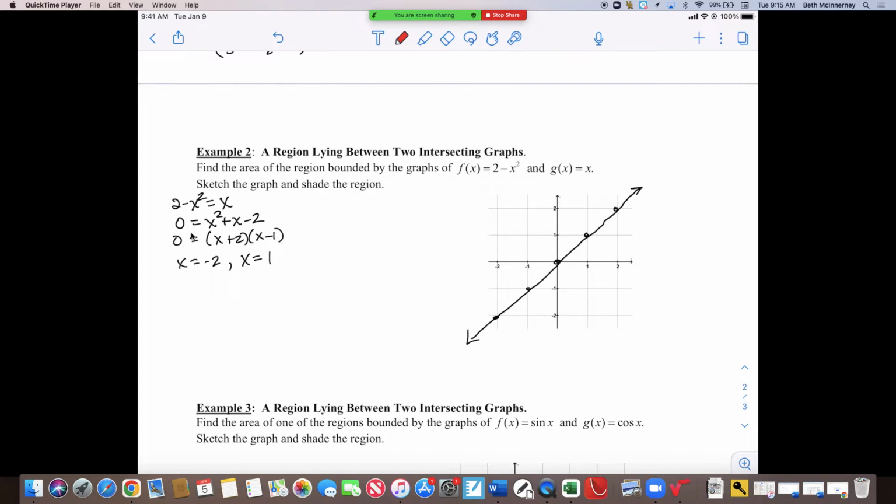If x is 0, y is 2. At x is 1, they're intersecting, and at x is negative 2, they're intersecting. And this is a parabola that opens down, right? There's symmetry.